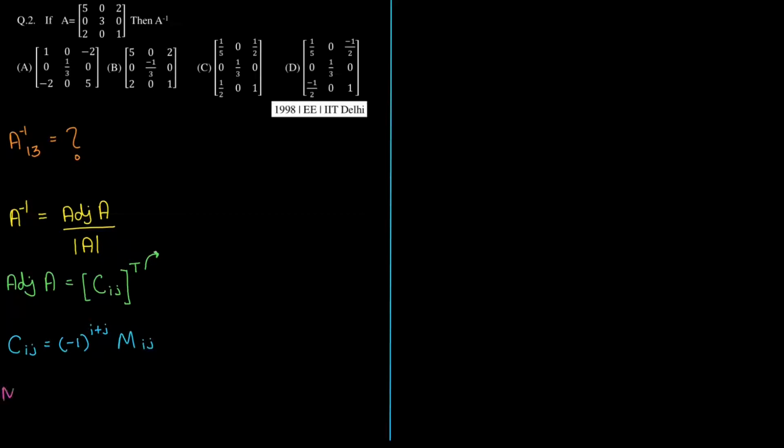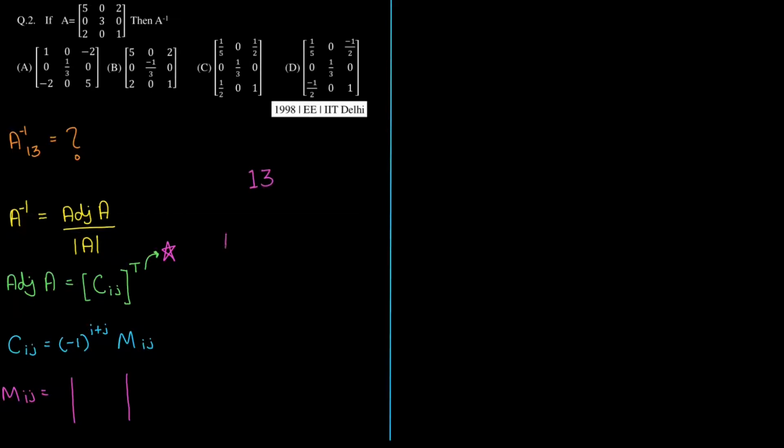Continuing from this, we know that Mij will be the determinant of the matrix which is obtained by eliminating the ith row and the jth column. Hence first we need to find the minor of the element. But first we should remember that there is a transpose symbol here, which is very important to note, because we need to find the inverse element having first row and third column.